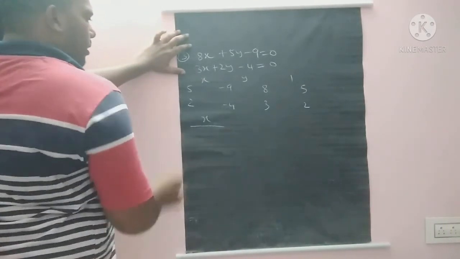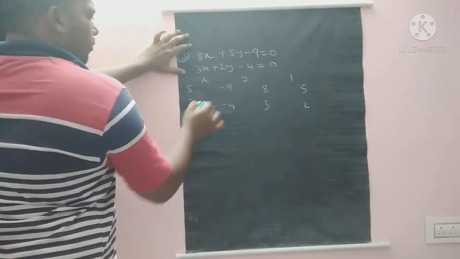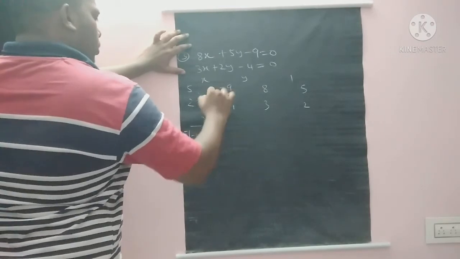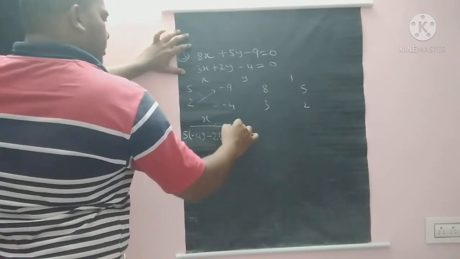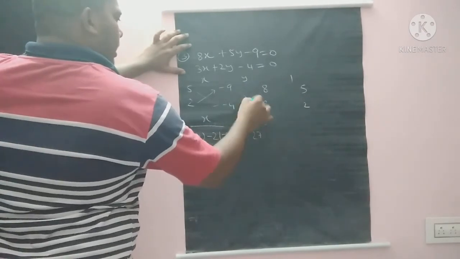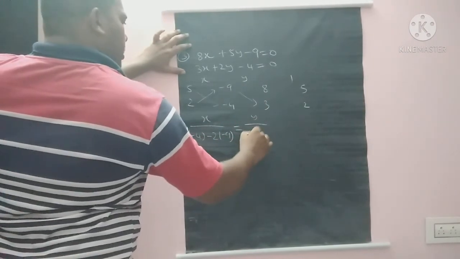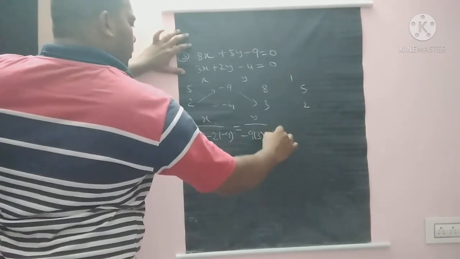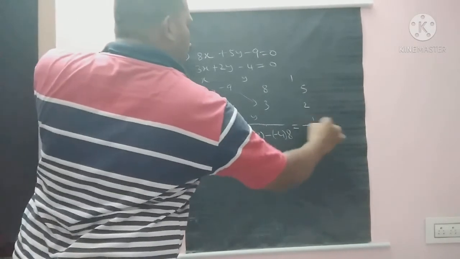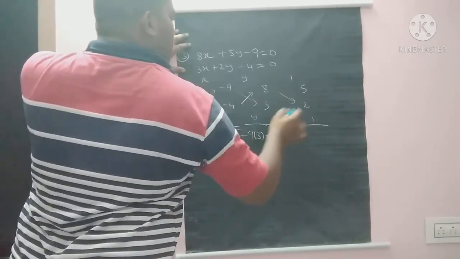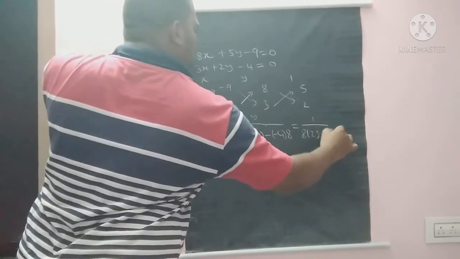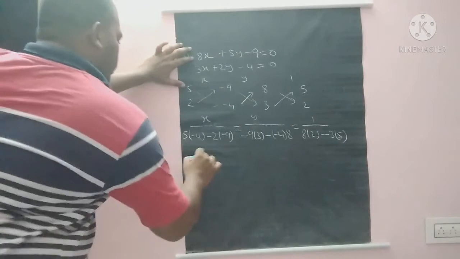So now x by (5 into minus 4 minus 2 into minus 9), y by (minus 9 into 3 minus minus 4 into 8), equals to 1 by (8 into 2 minus 3 into 5).